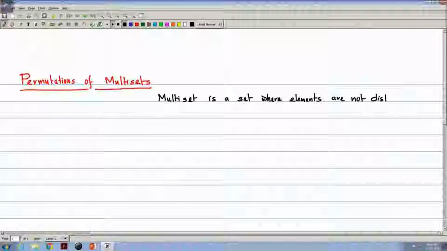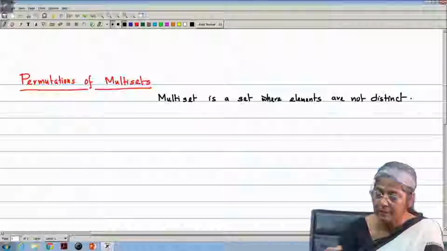If elements are not distinct, in other words I can say that elements are with repetition, that means a set with the repetition of elements, that we can call a multiset.